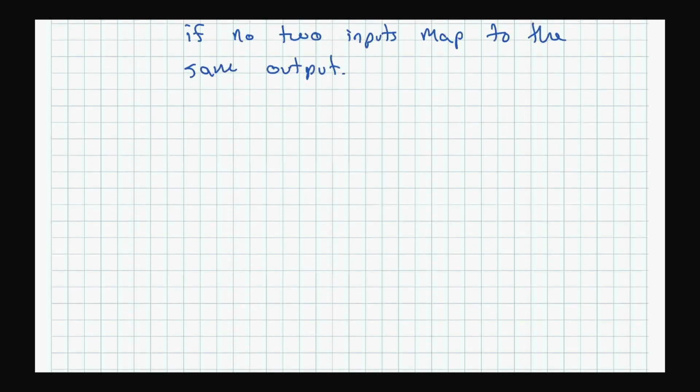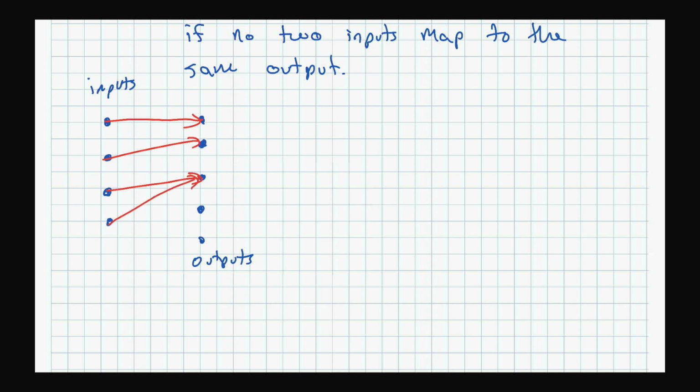And so basically, the idea is that with a function, every input has one output, but what you're not allowing, I'm going to draw this and probably just erase it as soon as I draw it. If you have inputs, and you've got some outputs, and then you're drawing what the function does, that's fine. That's fine. That's fine. That's not allowed.